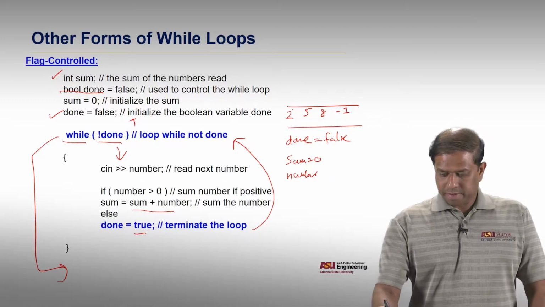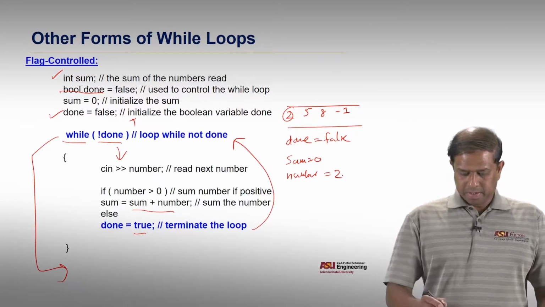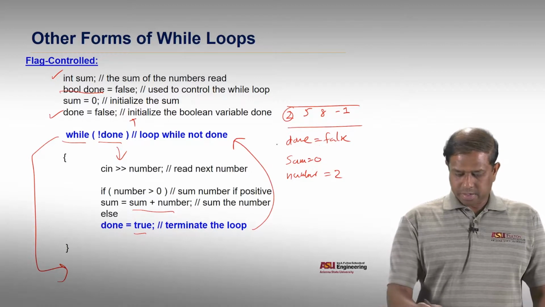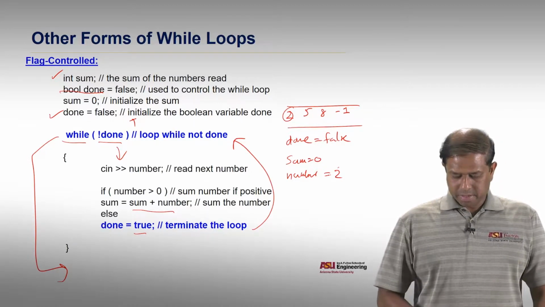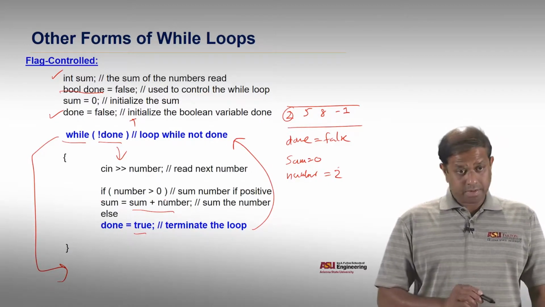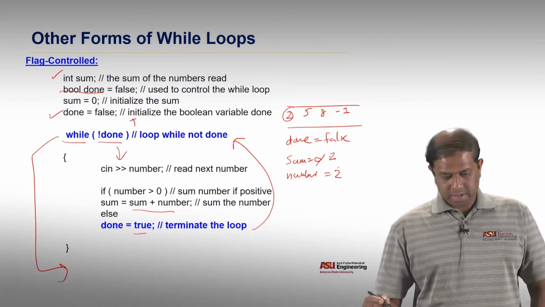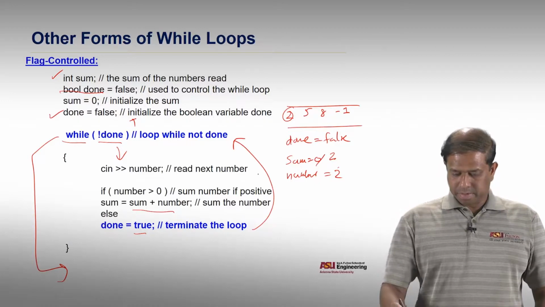When we read the very first number, we have number equals 2. Done equals false, so not done is true, so we go inside the loop and read the first number, that's 2. Then number greater than 0 evaluates to true, and we add that to the sum, so that's going to be 2, and then we don't go to the else part, so we go back.